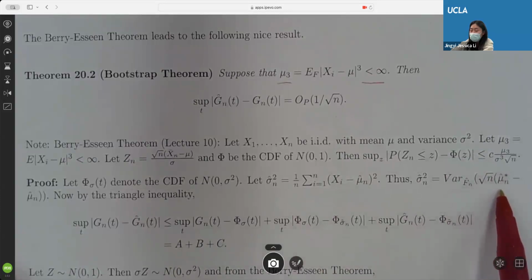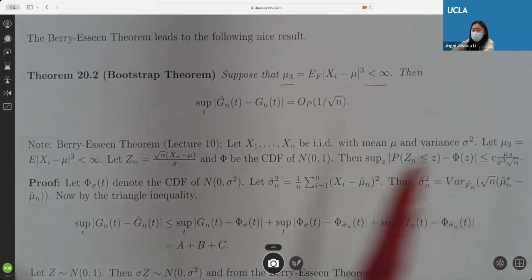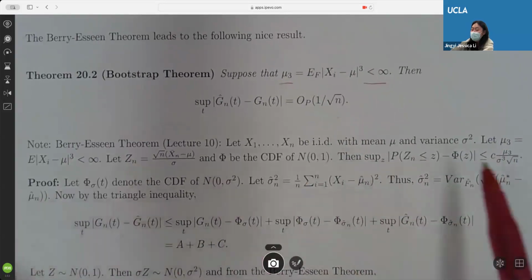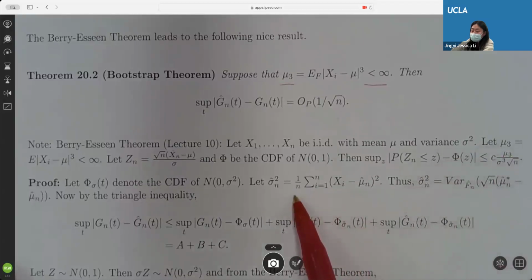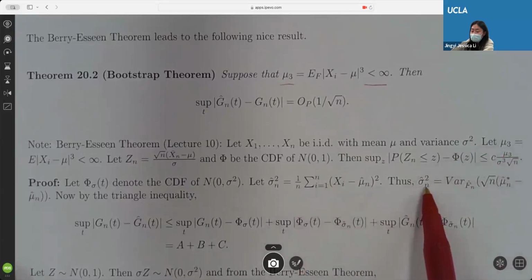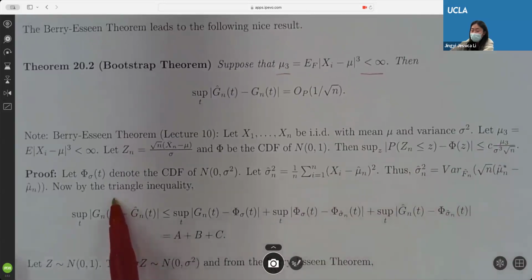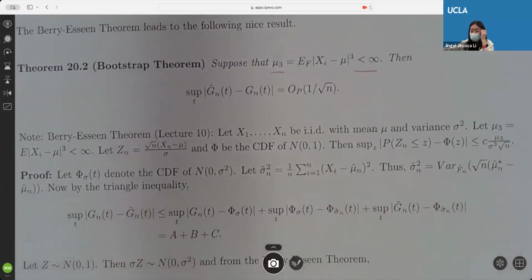Essentially, we are multiplying root n to this hypothetical sample mean. We're talking about the sample mean estimation problem: the hypothetical sample mean minus the actual sample mean, times root n. And we can show that this is exactly σ̂_n.